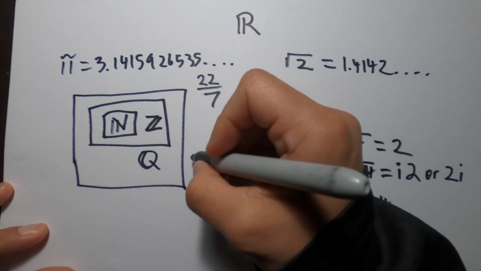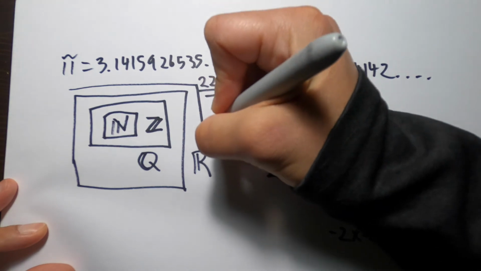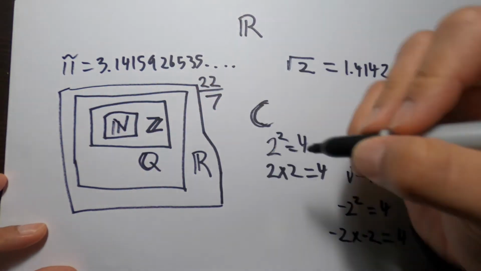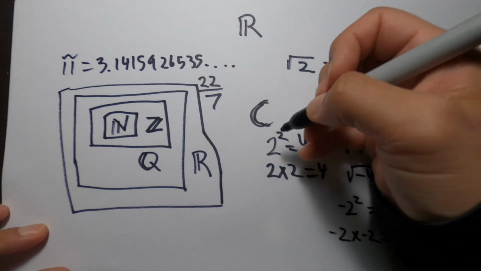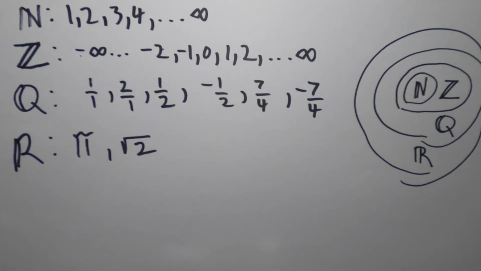Now we have all real numbers, which is a bigger box. And then, of course, outside of this bigger box, we're going to have complex numbers. But again, we're not going to talk about that right now. So those are all the types of numbers we're going to be dealing with right now.